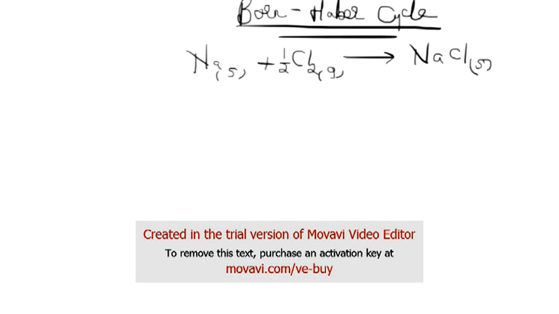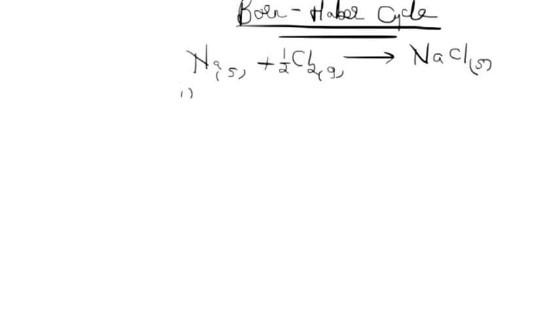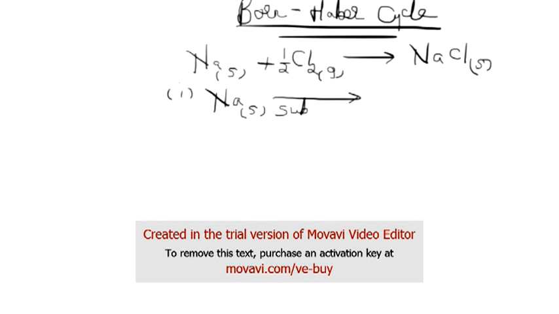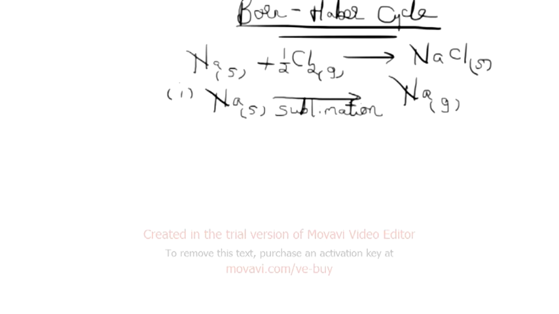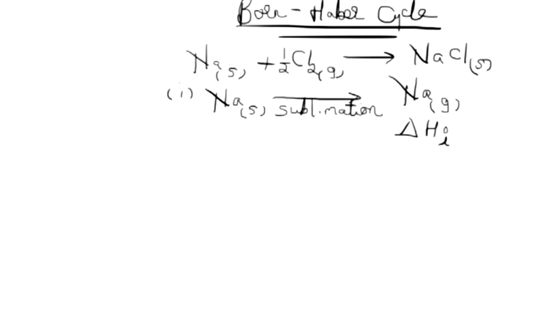The first step here is Na solid undergoing sublimation. This Na solid gets converted into sodium gas. The energy change which occurs during this process is about 108 kilojoules per mole.